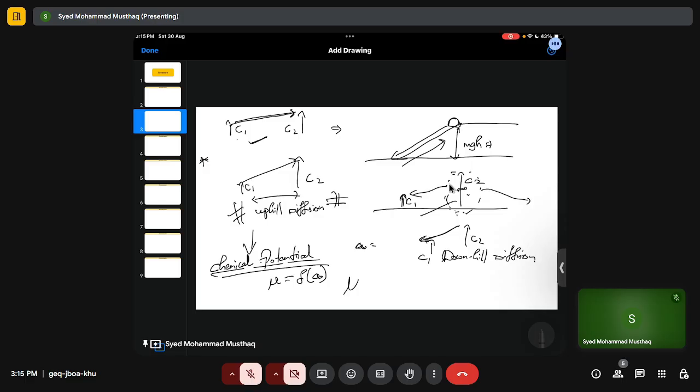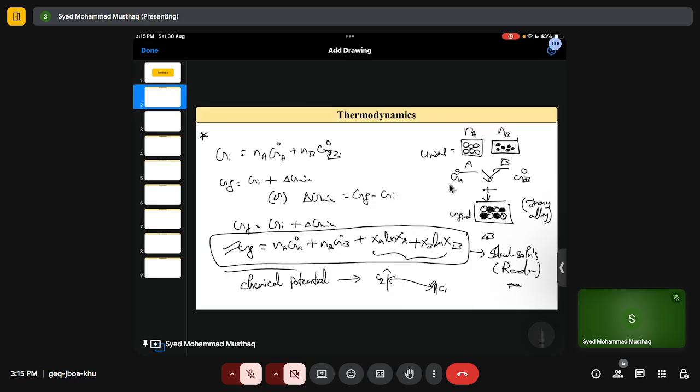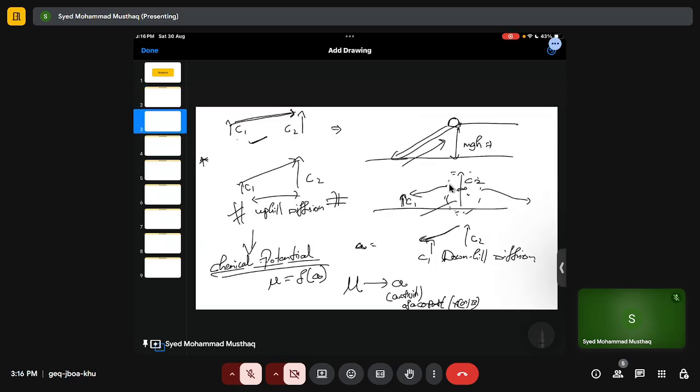So if you want to find whether the atoms will move up or down, then you should know the activity of a component, whether it is A or B. Right. So in this term we have considered A or B. So that's why it is the activity of component A or B.